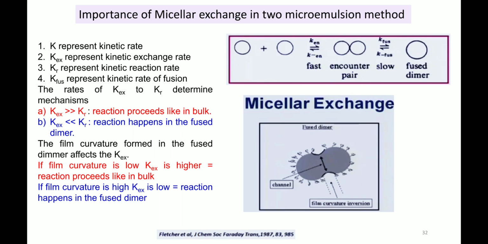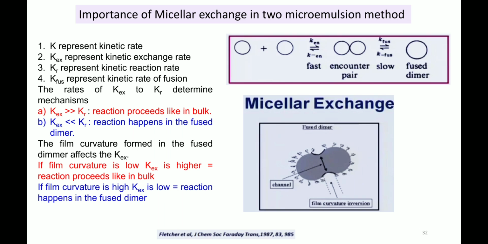So if the film curvature is low, as shown in the right-hand side schematic image, the two micelles collide and fuse together, coalescence, and then they start to exchange reactant A and reactant B. You can see there is a curvature.